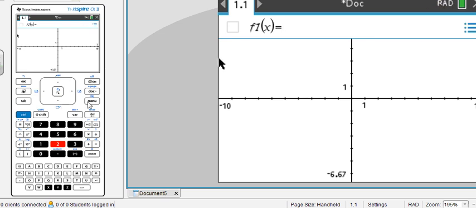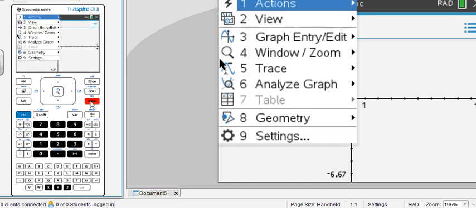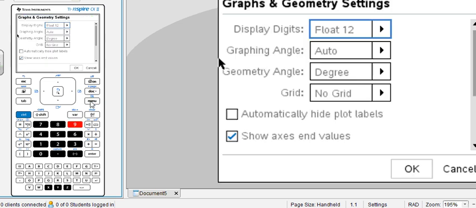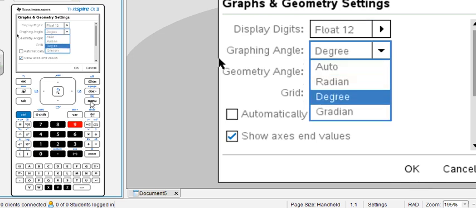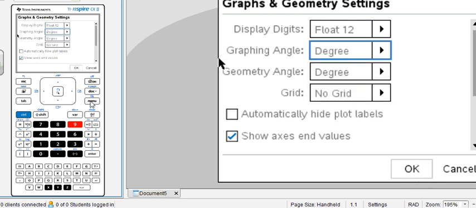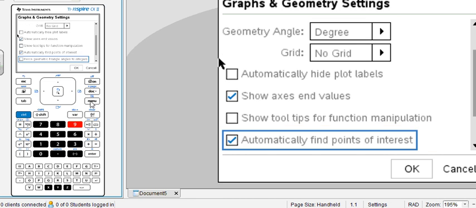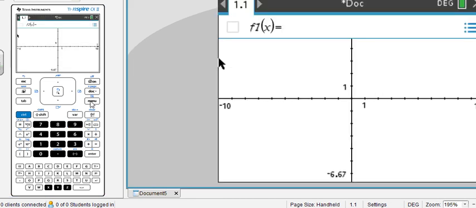And if this is you, you want to go to menu, choice 9, which is settings. We still want float 12, but we want our angle measure to be in degrees. And notice that now I have changed and I am in degrees.